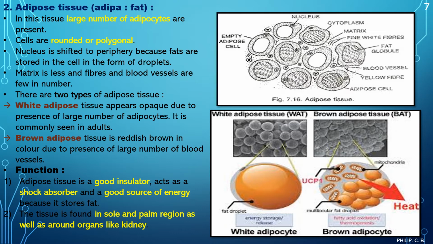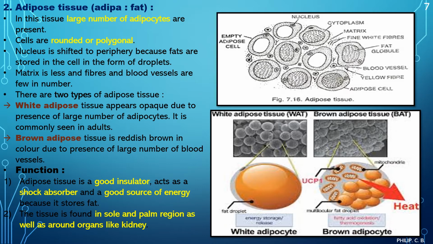Now if I give another example, when you are fasting, we may fast for half the day or the entire day. Now how do we get energy? These adipose tissues provide the energy whenever we are fasting, whenever we are not taking in a sufficient quantity of food.